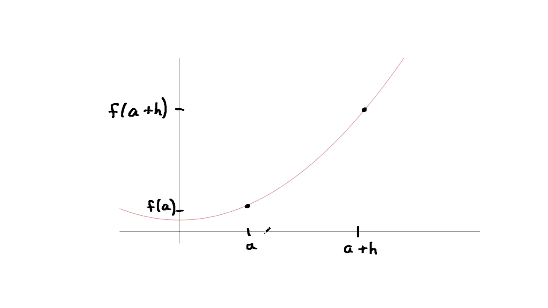Here's the graph. Here we have the function f, our point a, and then to the right of that we have a plus h, where h is some small number. At a we have f of a for the y value, and at a plus h we have f of a plus h.